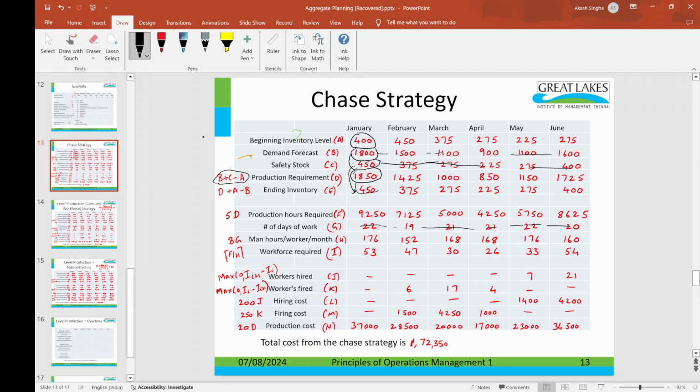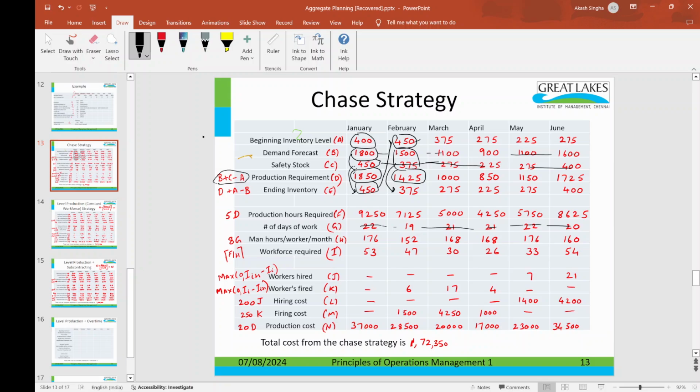Now this ending inventory will be the beginning inventory of next month. Now we know the beginning inventory, the demand forecast, and the safety stock. Now 1500 plus 375 is needed, 450 is already there. So 1500 plus 375 minus 450 is 1425, which needs to be produced. And again, this safety stock is the ending inventory.